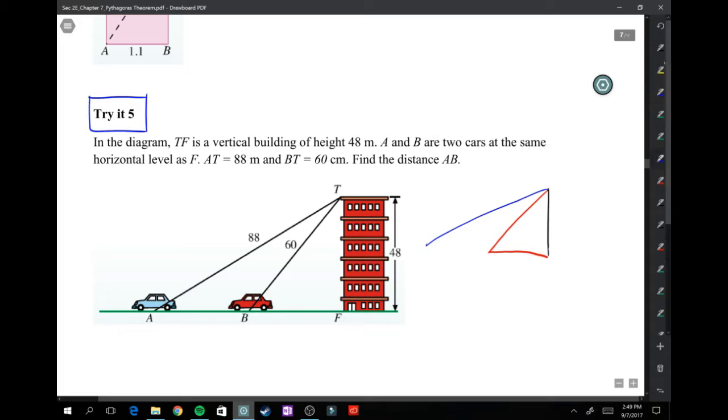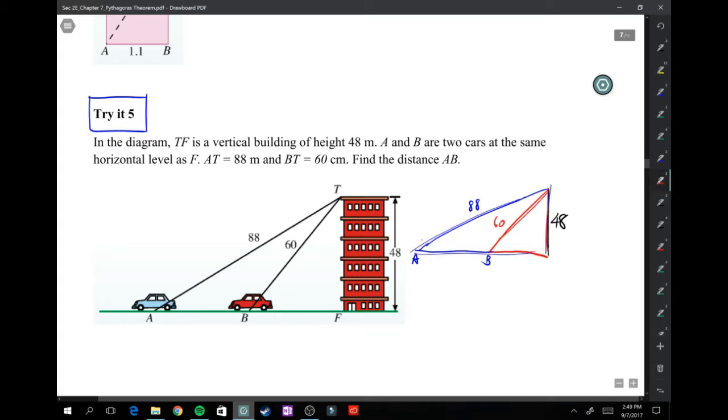Sorry, let me draw it nicely. These are the triangles that we are interested in, and given the dimensions given in the question, they want us to find the distance AB, which is basically this distance. You see you have the big triangle here and the smaller triangle.